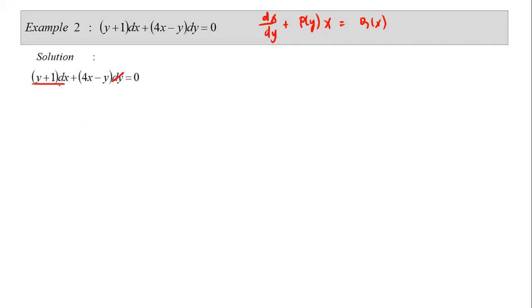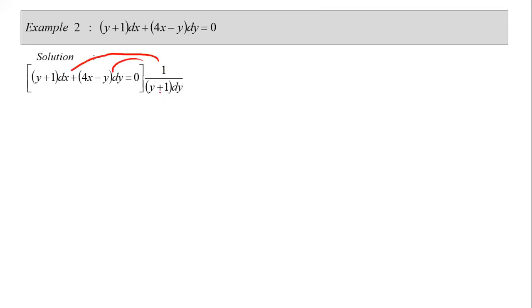So we divide everything by dy, all right? And we don't want y plus 1 here. So we just divide this by y plus 1, okay? Or we just multiply this by 1 all over the quantity y plus 1 dy. And then when this 1 all over y plus 1 dy is distributed to each term inside the bracket, okay? So then this will be canceled out.